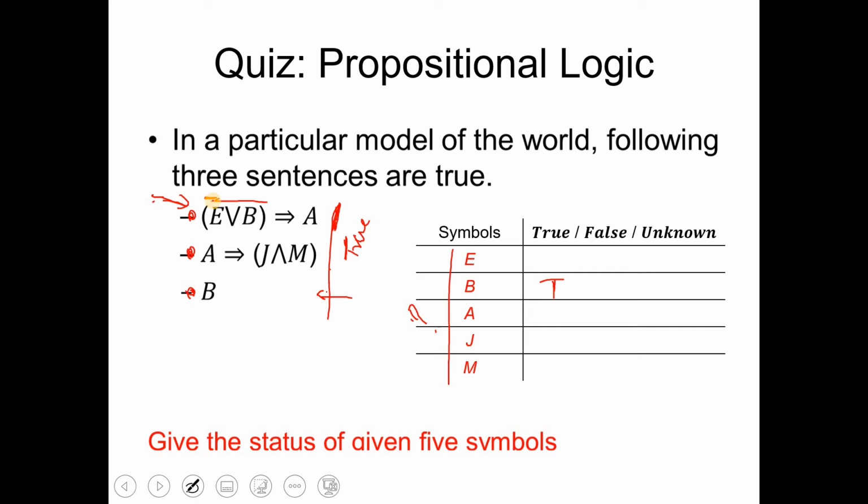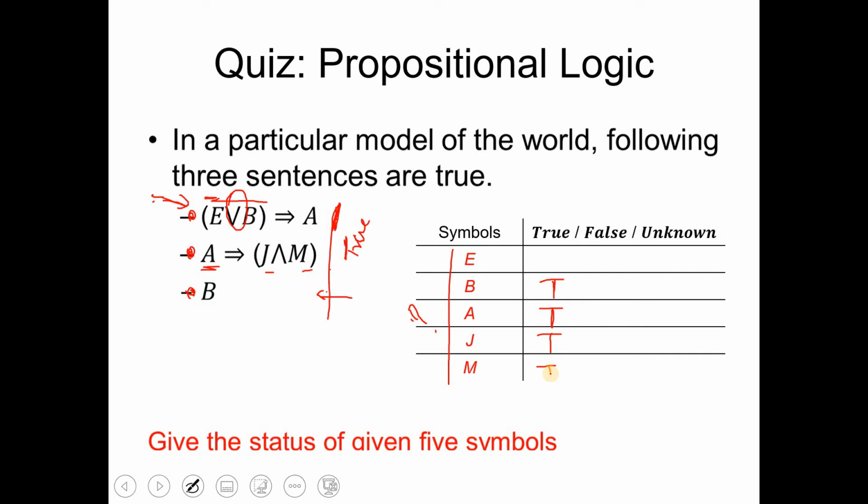When B is true, we don't care, because there is an OR operator, so we don't care about E. B is true, that means directly A is true. Only then this sentence can be true. So A is true. And then you continue. When A is true, it implies that J and M both are true. So J and M will also be true.